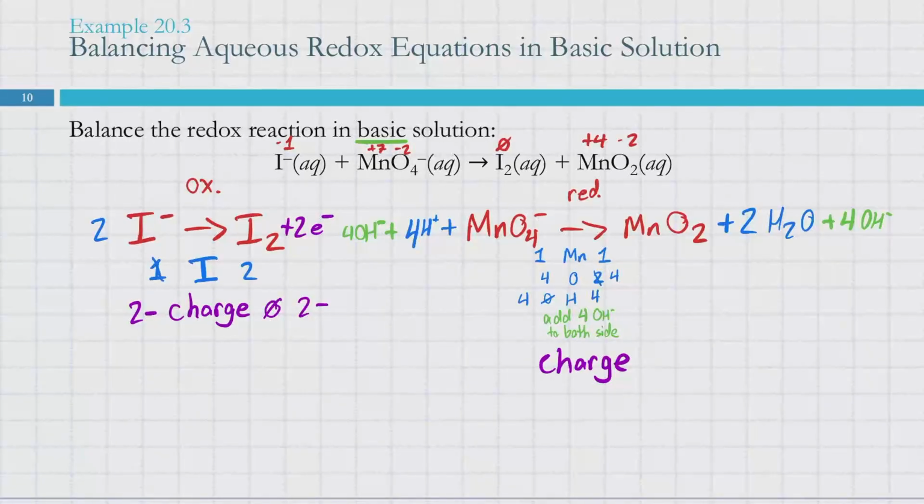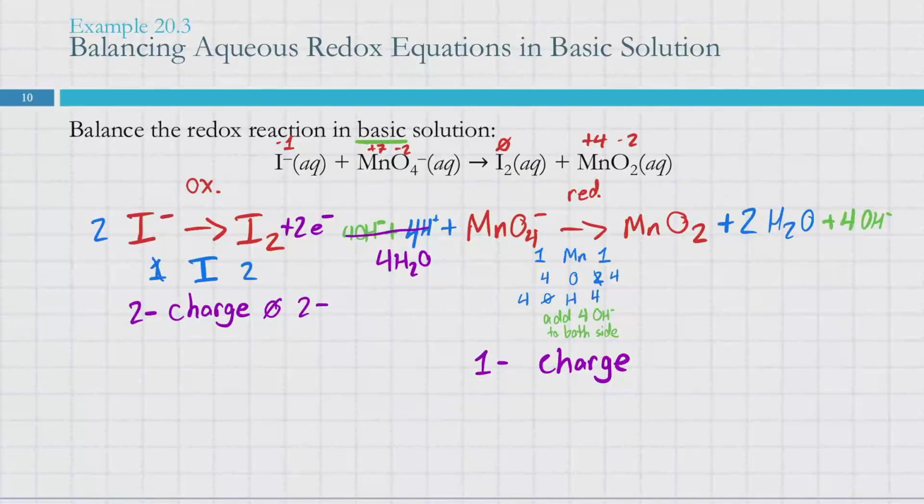For our reduction charge, if we want to, we can turn these H+ and OH- into H2Os. That helps simplify our charge calculation a little bit. We've got a 1- charge on the left.